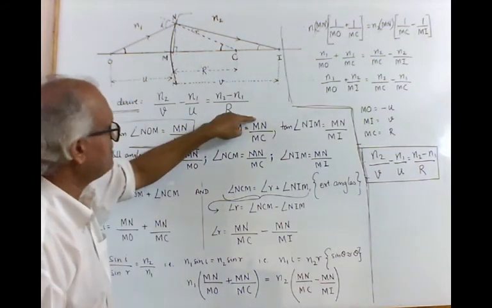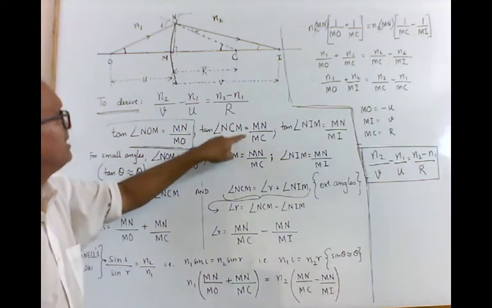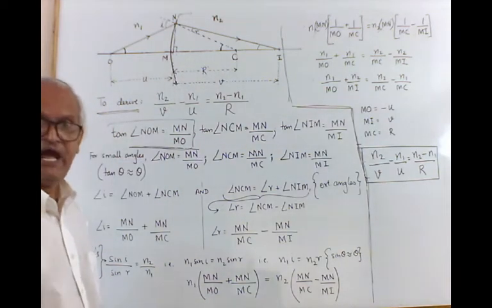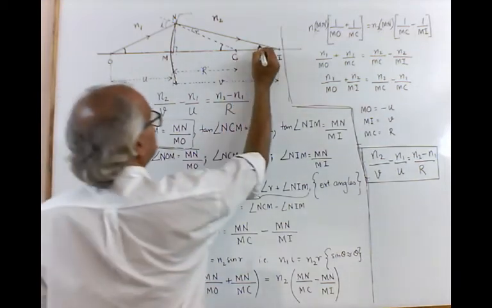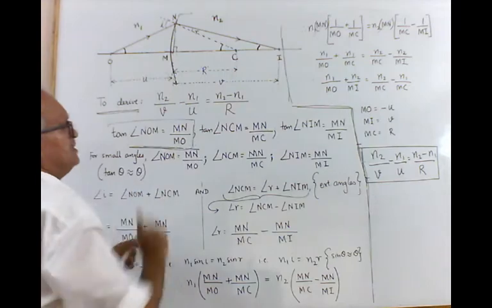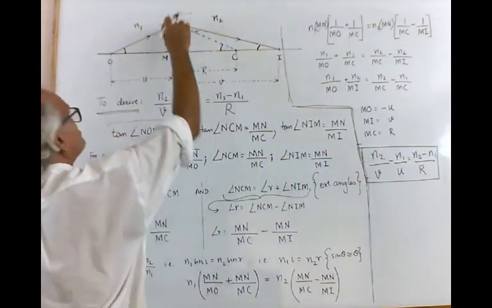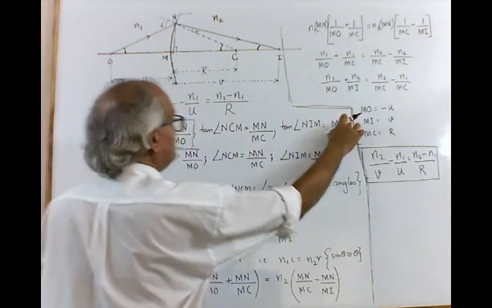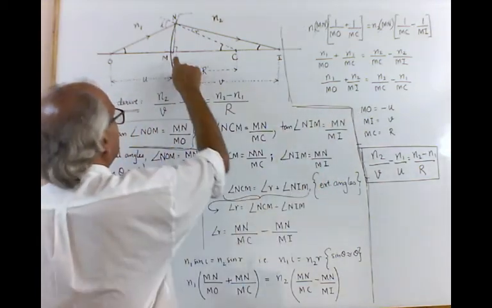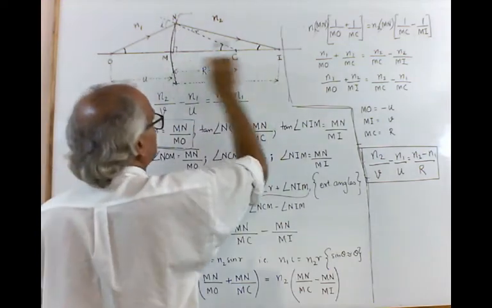So tan angle NCM is MN upon MC. And now we come to a third angle here. This is angle NIM. So tan of angle NIM is opposite side, which means again MN upon adjacent side MI. So this becomes MN upon MI.